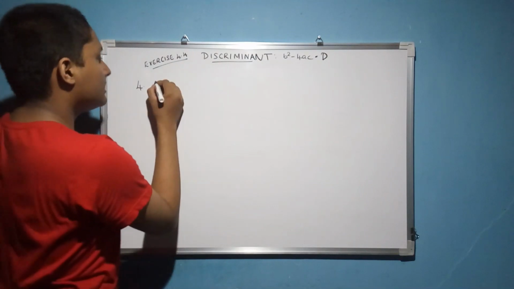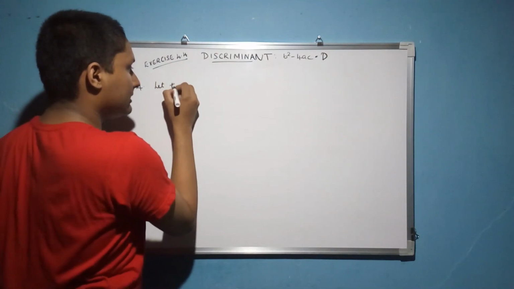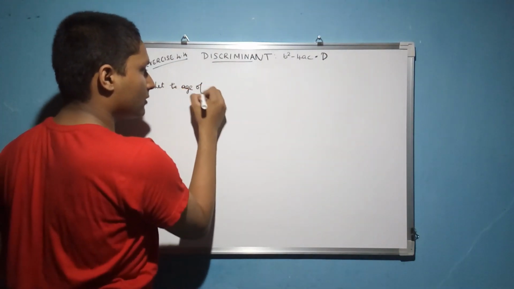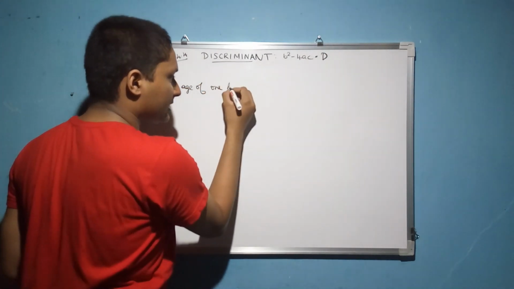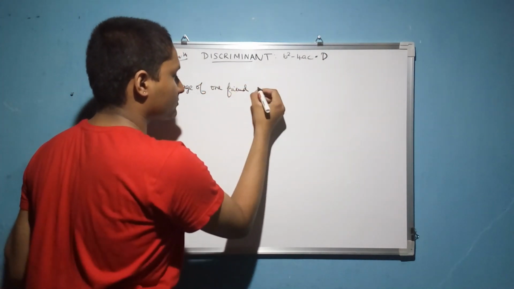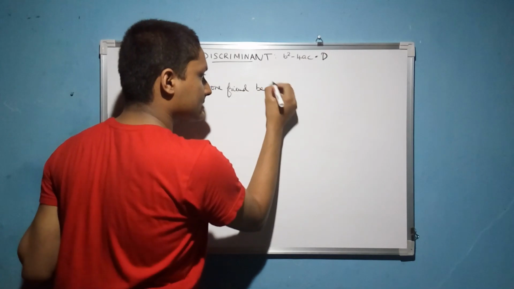So the question is, you can see here, the sum of the ages of the two friends is 20 years. 4 years ago, the product of their ages in years was 48. Let the age of one of the friends, or I can write friend 1, be x years.